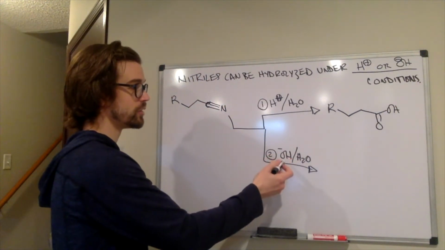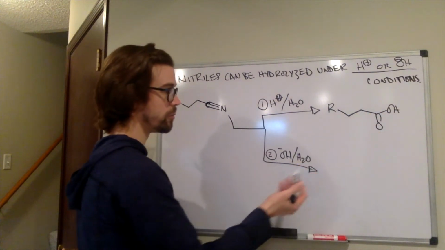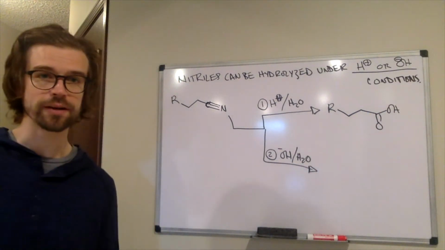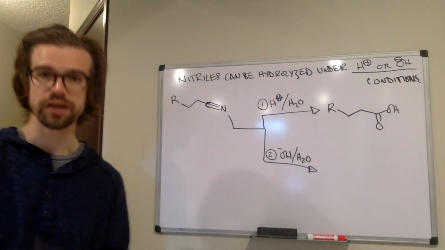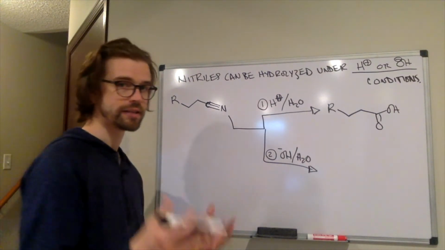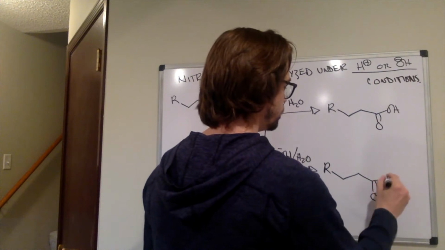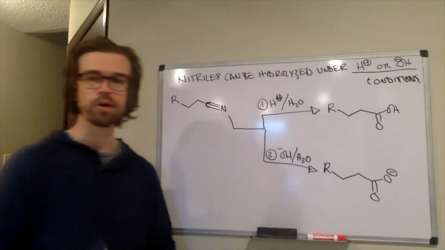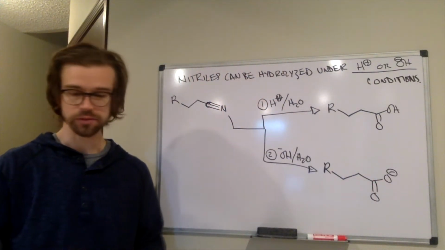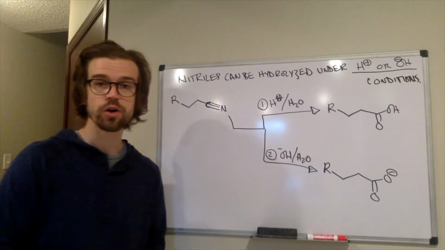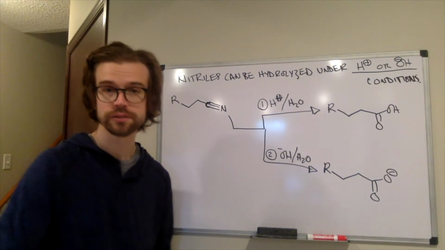Under basic conditions, if we have a carboxylic acid treated with base, it's going to be the deprotonated carboxylic acid, the carboxylate. So basic conditions make the same thing, it's just deprotonated. Now we're going to show how that works under basic conditions.